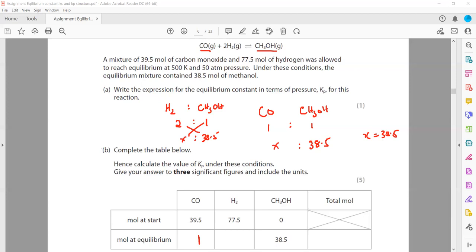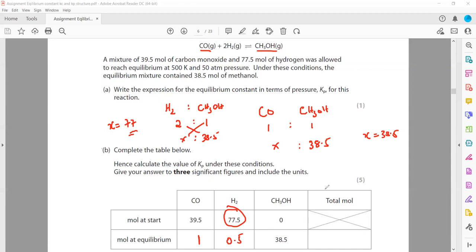That will give us 77. So 77 is the number of moles which reacted, but we are finding how many moles are left at equilibrium. So if original were 77.5 and 77 reacted, how many moles are left at equilibrium? It will be 0.5 mole or half mole of hydrogen.